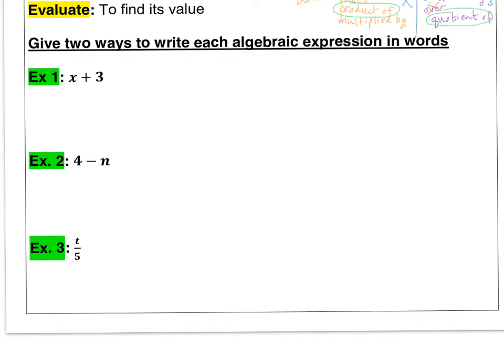So we're going to do one that's kind of a low level and one that's a higher level using the sum of, the difference of, the product of, and the quotient of, and so forth. So the first one that we have is x plus 3. So anytime you have a variable, instead of x, you'll say the number x.